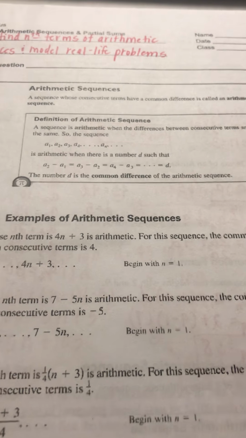Once I have my formula, then I need to find the last term, because in order to find the sum, I have to know how many terms I have, first term and last term. Okay, so if A1 is 5, I can now put 150 right here, and when I put 150 right here, I get 1644.